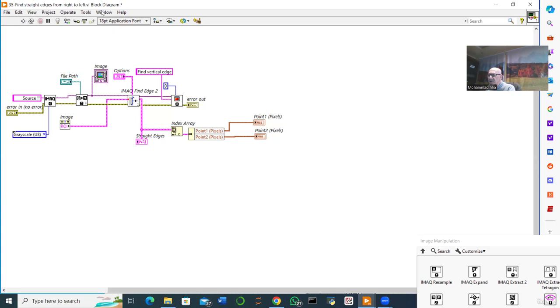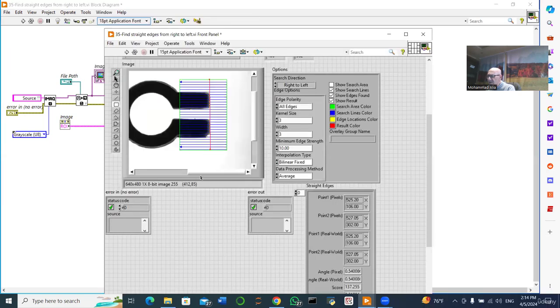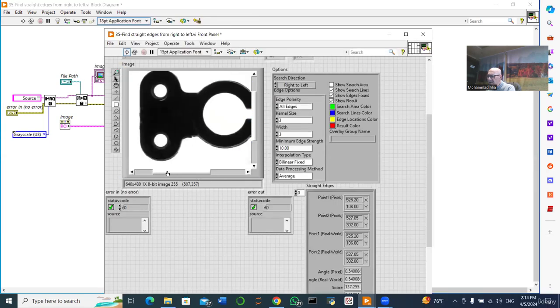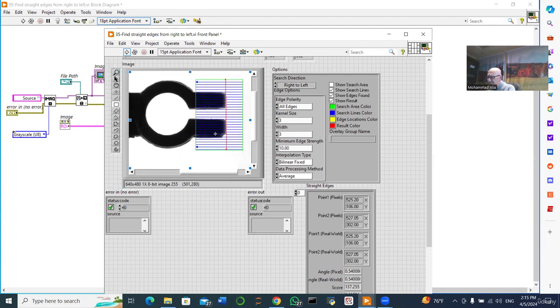So if you go to the front panel, the image which we are interested in is the battery bracket, as you see here. And I am interested to find the line edge in this region here. How did I make this? I just draw the rectangle of interest and run the program.